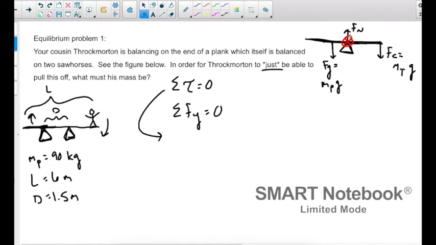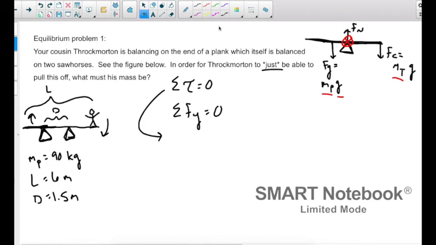Because if I do that, then this normal force does not cause a torque, and then I am not worried about it. In other words, I actually know what the mass of the plank is. I know what little g is. Here's my unknown mass of Throckmorton. I would like to not bring another unknown, not bring the normal force into my expression. I could, but I would like to not. And therefore, I can choose the axis of rotation to be right there where the normal force is acting.